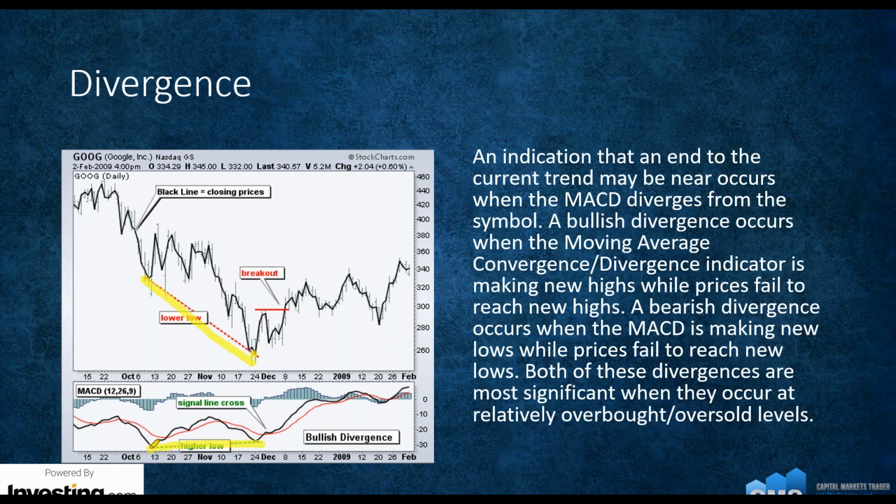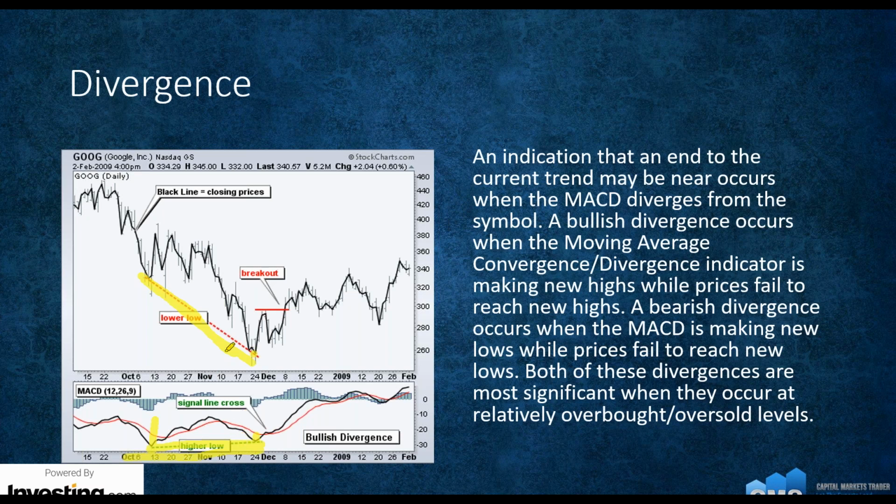We saw this is the lowest point the MACD made, and now at this point it's much higher. We could draw a trend line between the two, and it's diverging from the trend line on the charts. So the price action chart is showing lower lows, while the MACD line is showing higher lows.